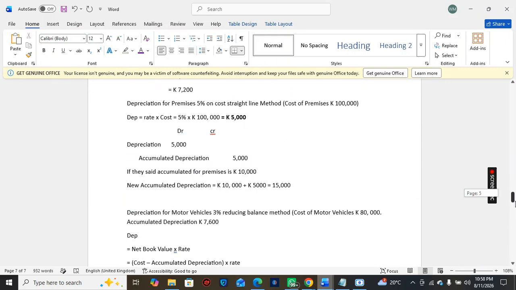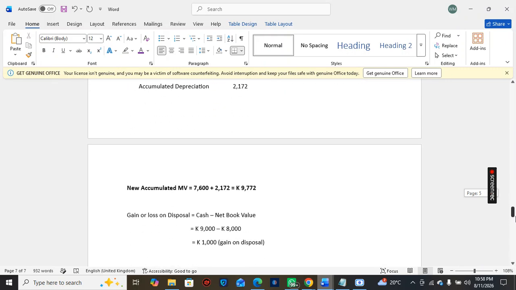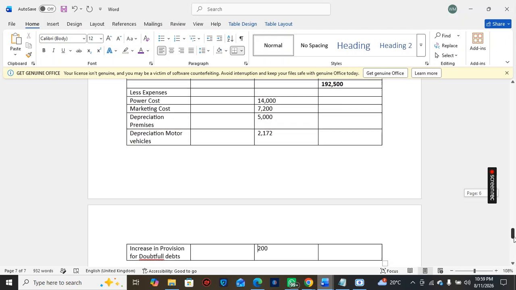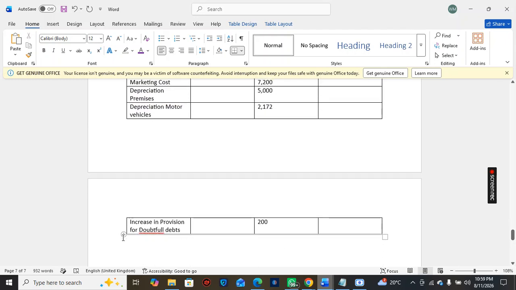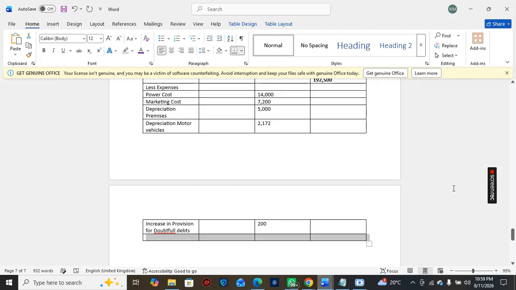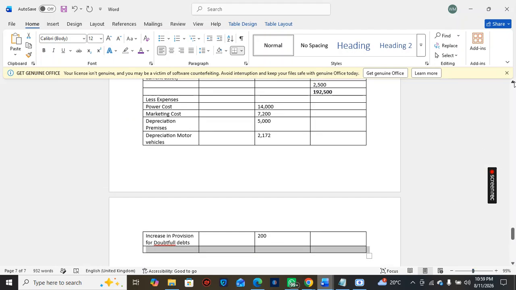So we total up our expenses. We're going to say 14,000 plus 7,200 plus 5,000 plus 2,172 plus 200.